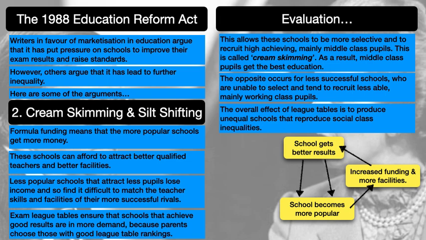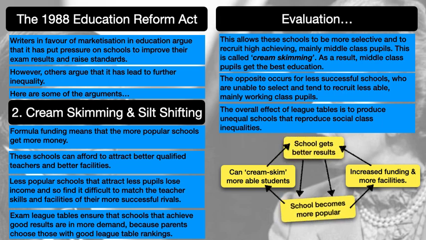But not only does this cycle work where better results end up in better facilities, which means better results, if you've got more popular, it means you can actually start picking and choosing the students you get. You can pick maybe only the best students to come to your school. And of course, that means you're going to get better results again. And if you've got better results, the school's going to become more popular.